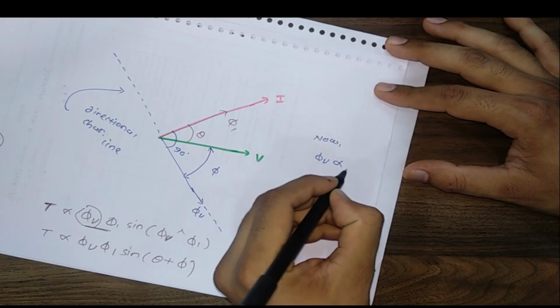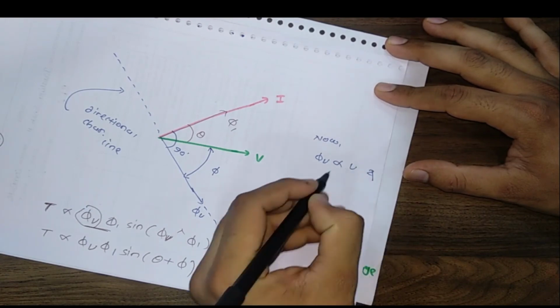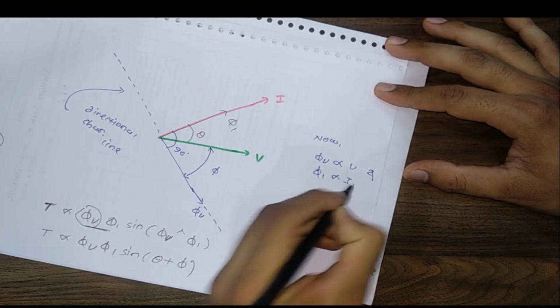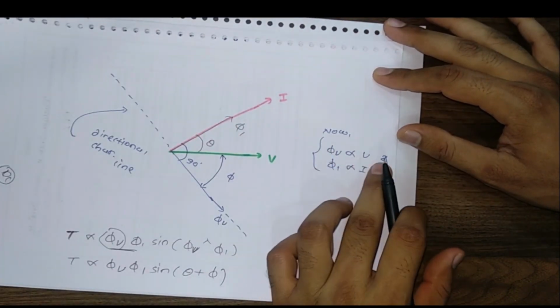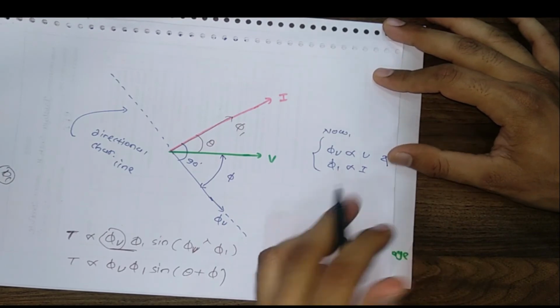Phi V is proportional to V, and phi 1 is proportional to current. Phi V is produced because of the voltage, and phi 1 is produced because of the current.